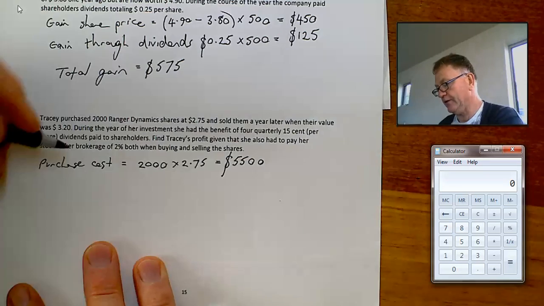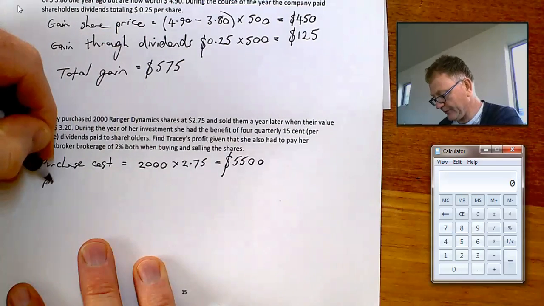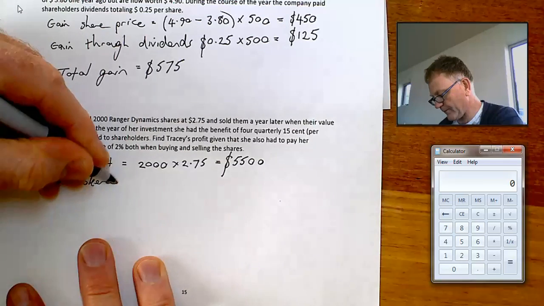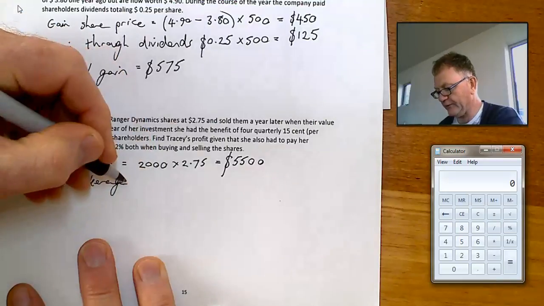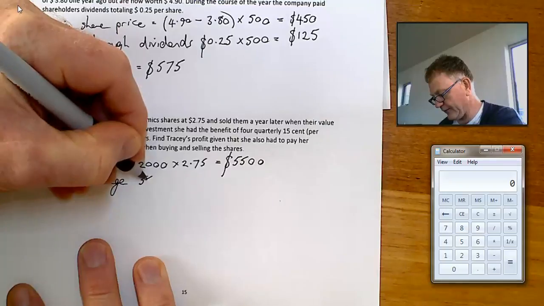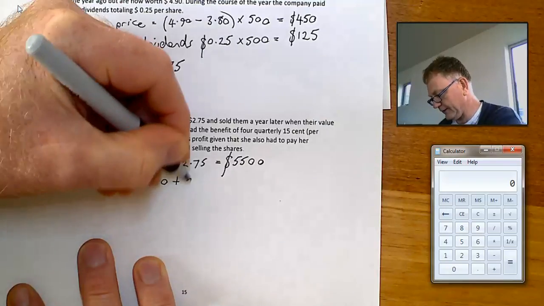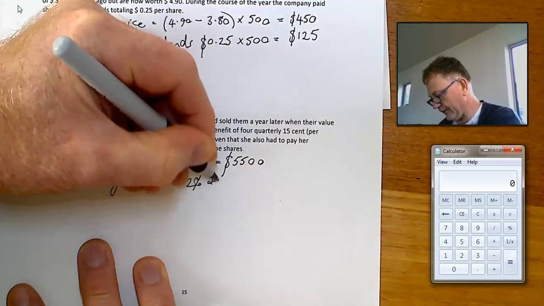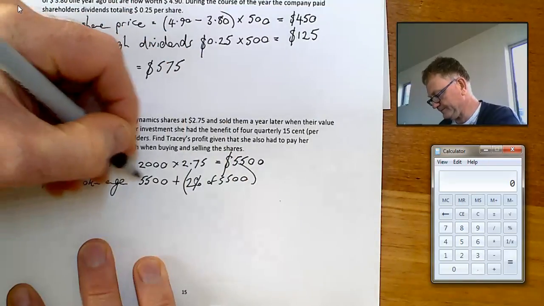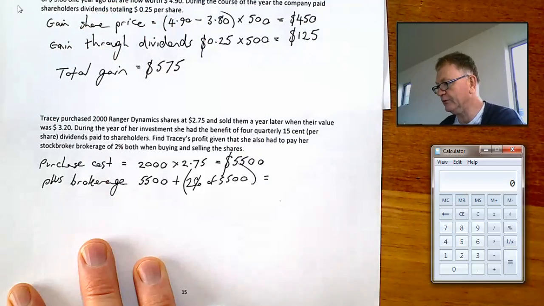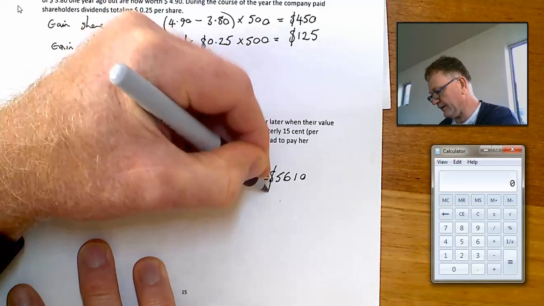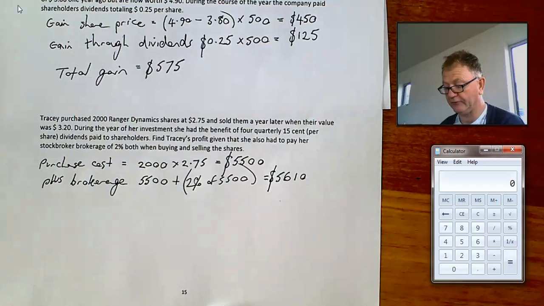So plus brokerage, 2% of 5,500. So she'll actually end up paying 5,500 plus 2% of 5,500, making the total of $5,610. Check out the calculations yourself.